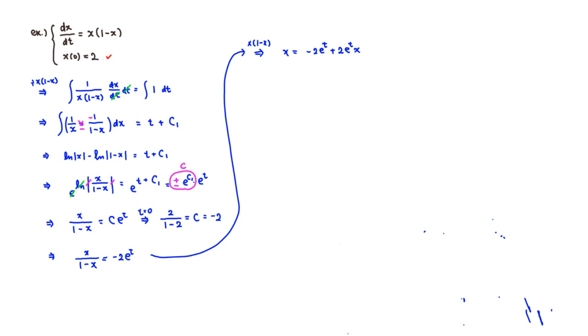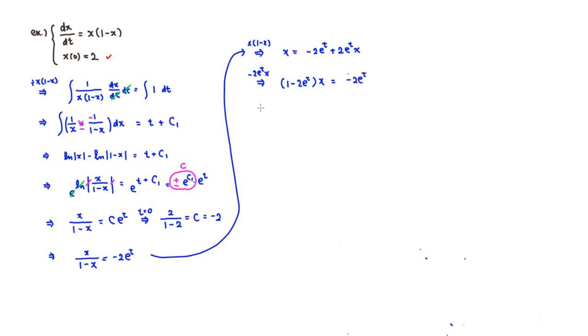Now I'm going to subtract 2 e to the t x from both sides. So we're going to have (1 − 2 e to the t) x is equal to negative 2 e to the t.